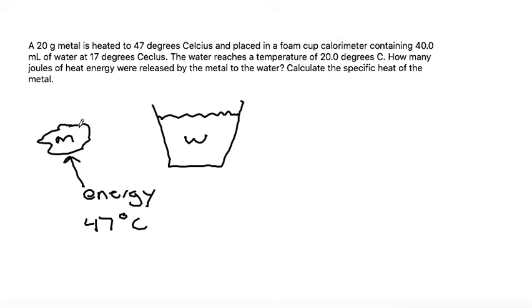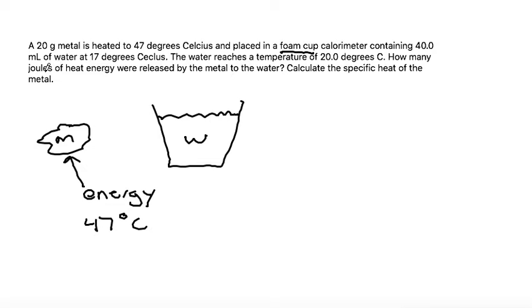So we put this mass of metal that's warmer than the water into the water, and that raises the temperature of the water. Because of the foam cup calorimeter, we're assuming that no energy from the metal goes to the surroundings, but that all of the energy that has the metal at 47 degrees C is being transferred into the water.